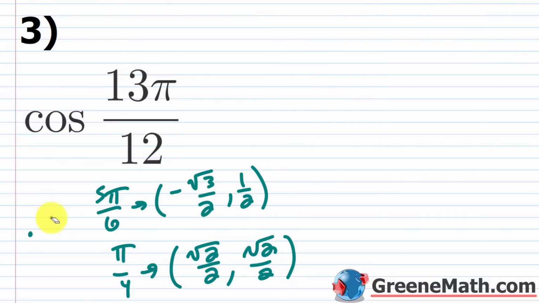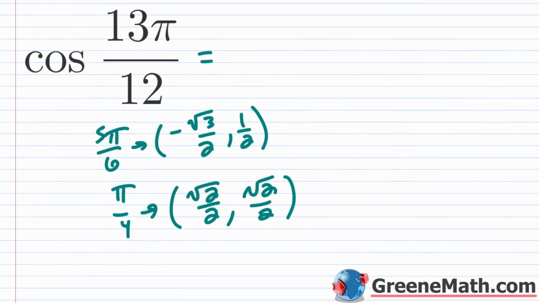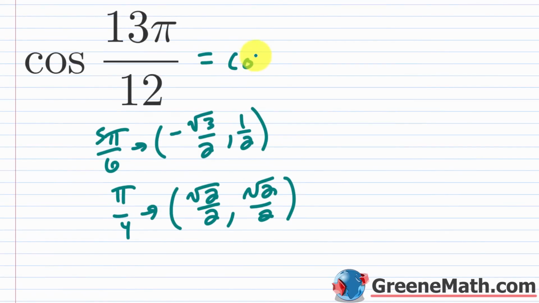I think maybe we don't have to write out our formula because we probably have memorized it by now. Let me slide down here a little bit. So this is the cosine of, again, I'm breaking this up into 5 pi over 6, which is 150 degrees, plus pi over 4, which is 45 degrees. Again, that would give me 195 degrees, or 13 pi over 12 in terms of radians.